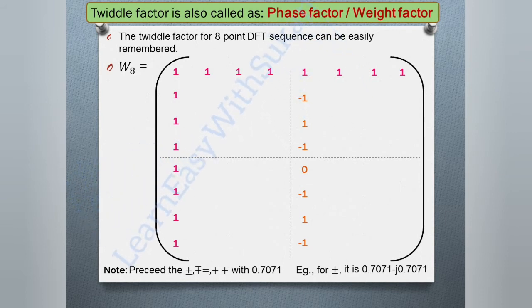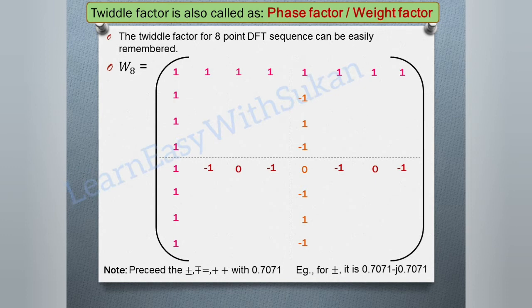You have to put alternate minus 1 and 1, but the middle part will have the 0. And next, fill the fifth row as minus 1, 0, minus 1, 0, minus 1, 0 and minus 1, 0. This is the next step.